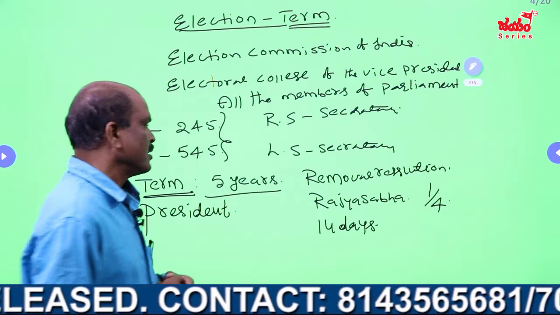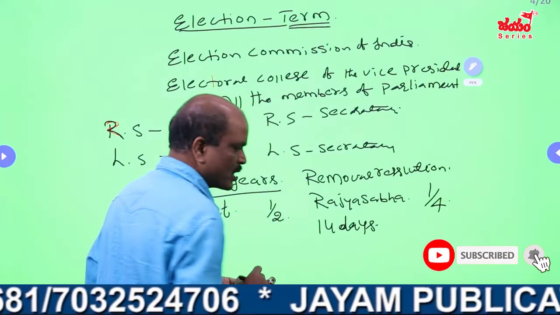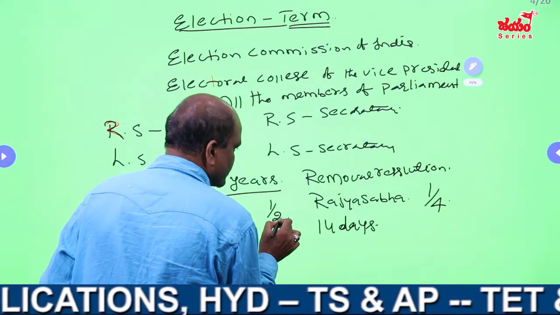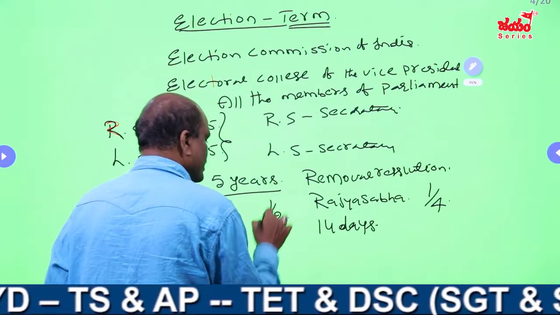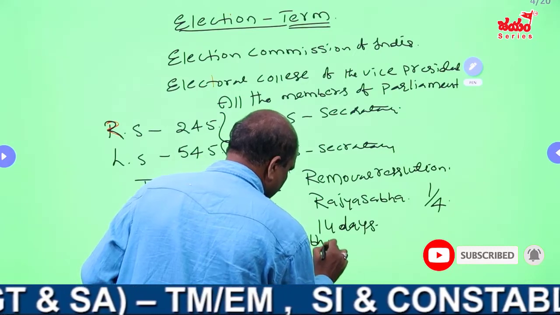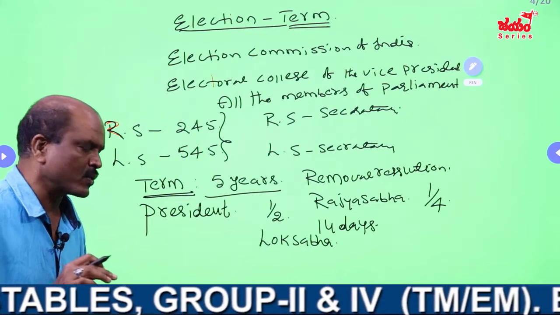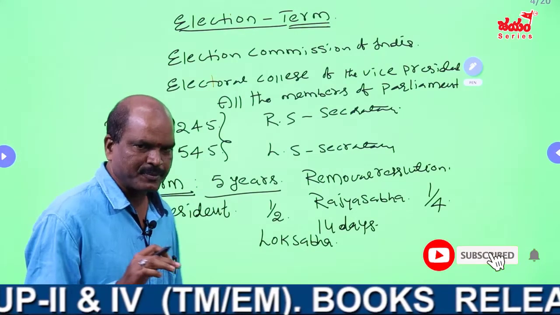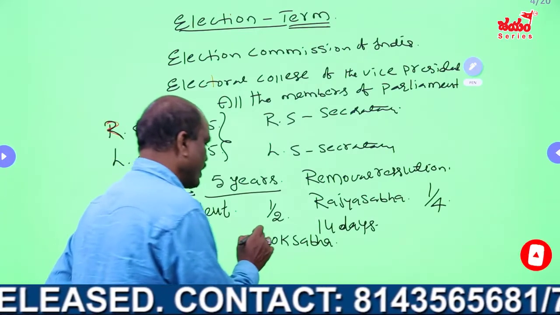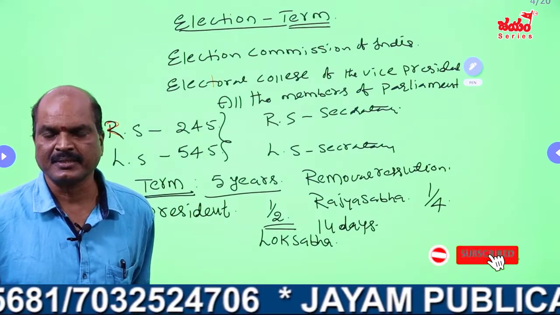Rajya Sabha accepts this removal resolution with a simple majority. Later on, the removal resolution goes to Lok Sabha, and Lok Sabha also should accept the removal resolution with a simple majority.